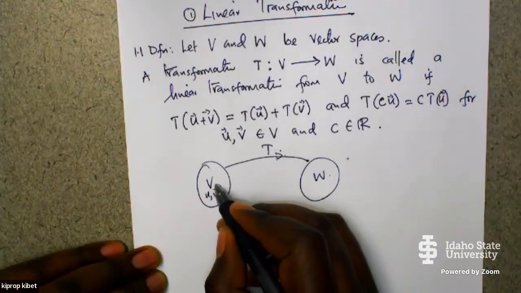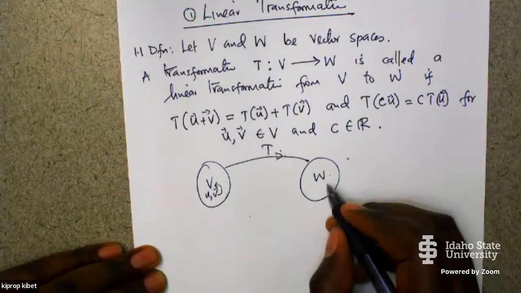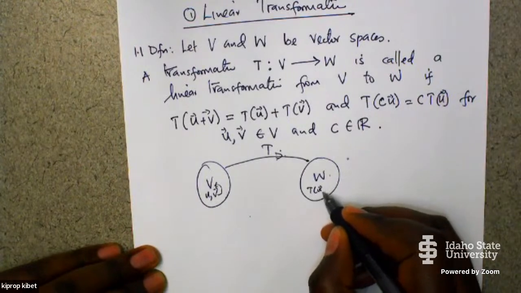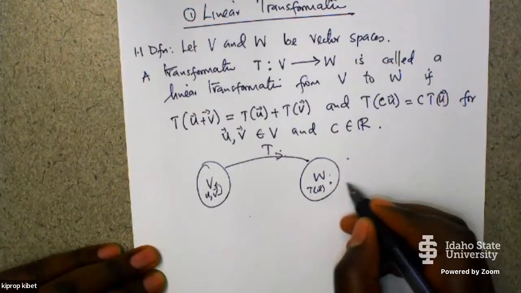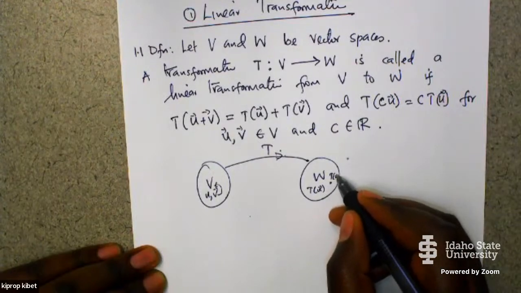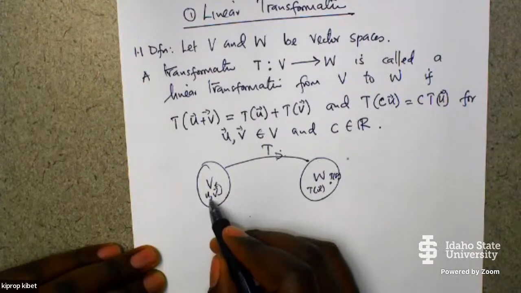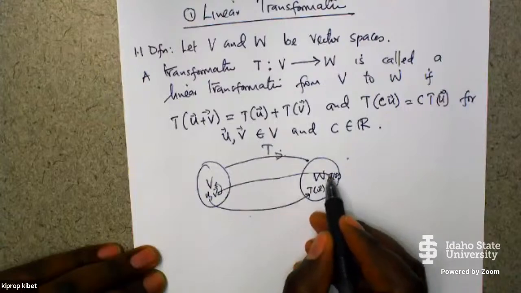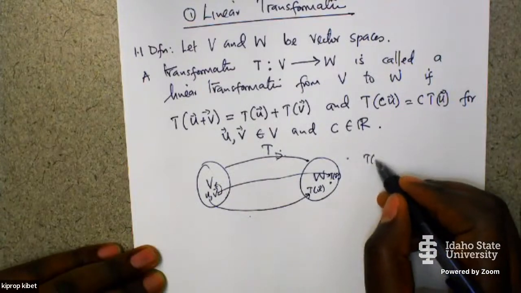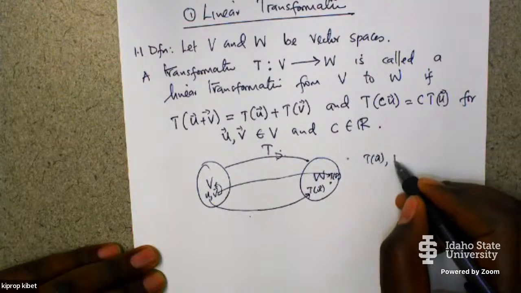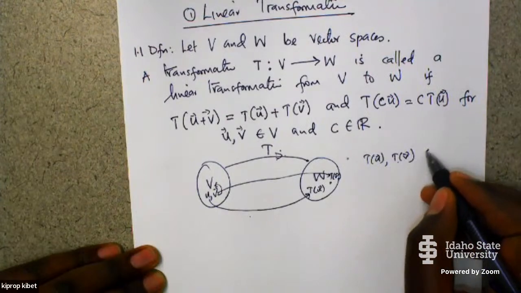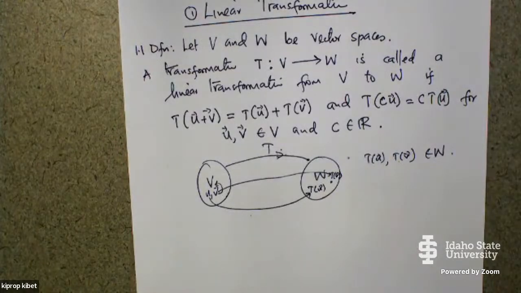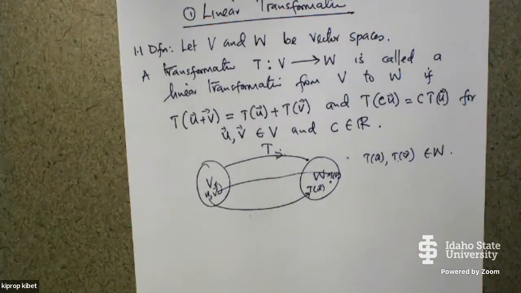Then if these elements are in V, the transformation will be TU and another one somewhere there, TV. So this U transforms to that, and this V transforms to that. So TU and TV are elements of W, and U and V are in V.